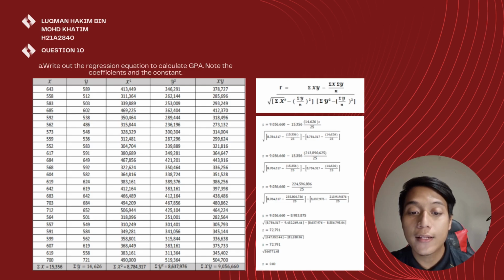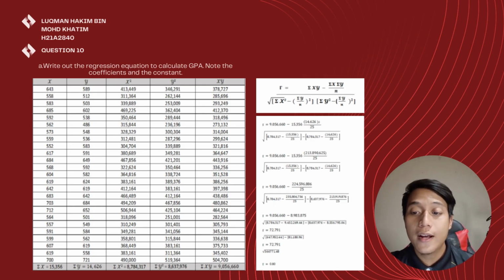We get the answer of 346,291 after we multiply 589 by 589. And how can we get the xy? We get the xy after we multiply x and y, such as 643 multiplied by 589, and we get the answer 378,727.